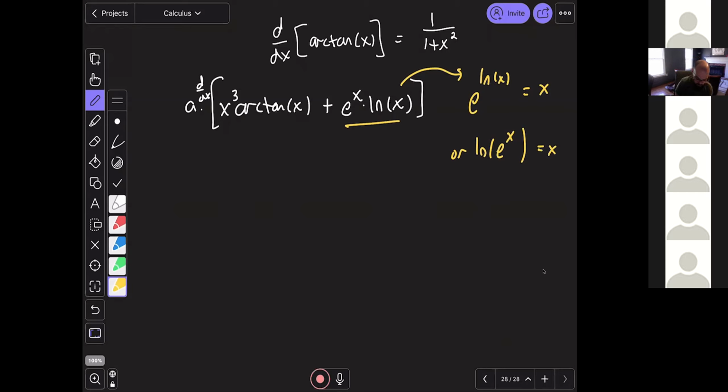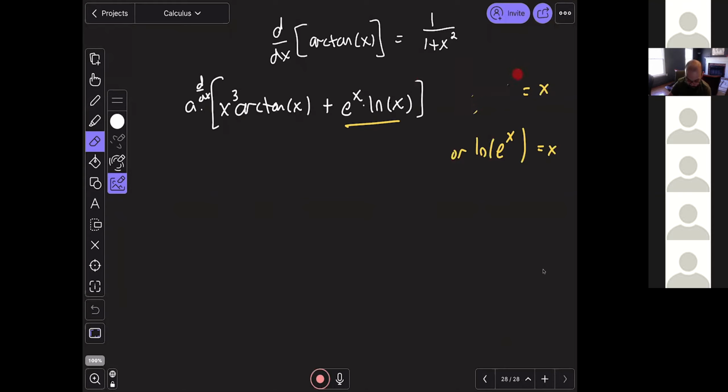In this case right here, we're not using function composition, we're multiplying them. So this property is not going to apply. That's a good thing to observe, right? Because we do have this special property of e and natural log that they do cancel each other out sometimes.